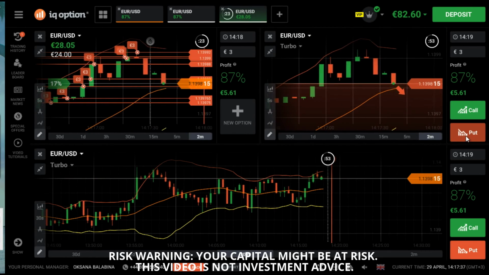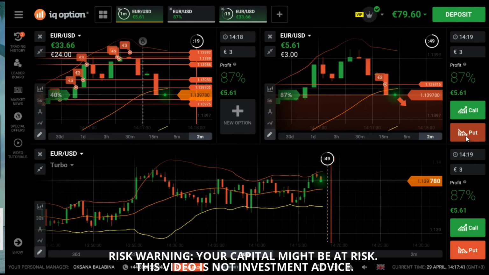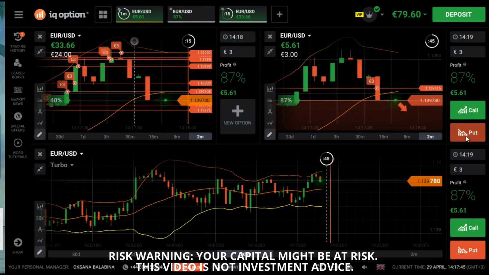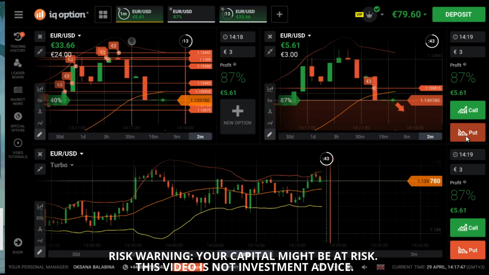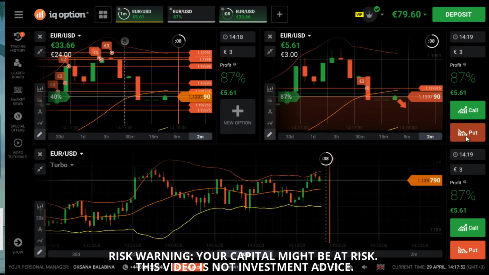Now reversing nicely. So as I mentioned, the reversal is a little bit more guaranteed than following the original direction because a candle will never grow in the same direction forever.